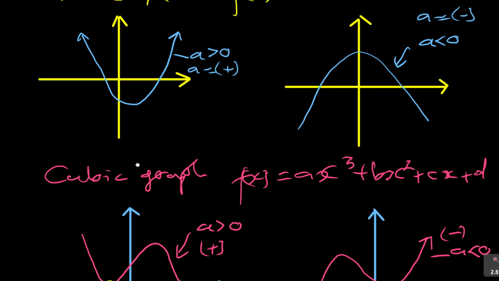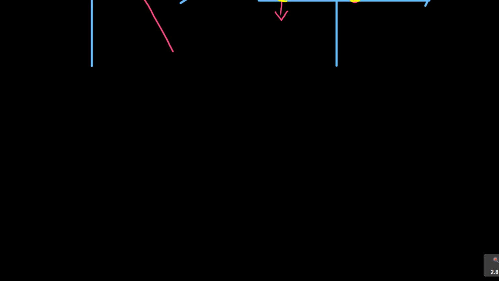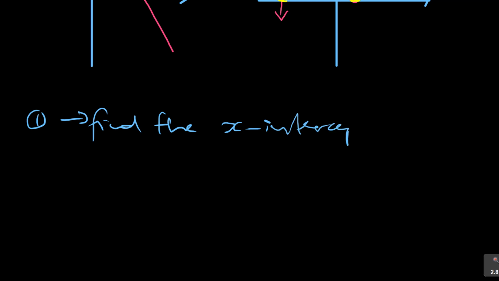So now when you're drawing the graphs, the quick thing that I want us to remember is when they say sketch a graph, there are some steps that I want you to do. Number one, you need to find the x-intercept. Now in the x-intercept, remember y is equal to 0.